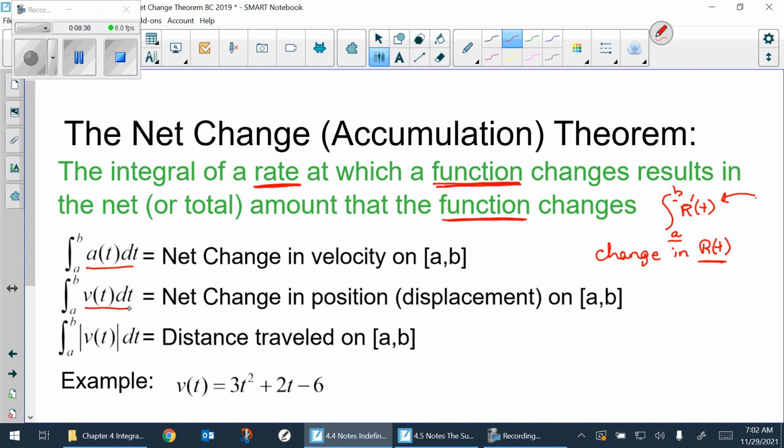So that's going to be a change in position. And if we want distance, and we'll practice this with calculators, if we want a distance traveled, we just have to make sure that all of these changes in position turn out to be positive. To do that, we take the integral of the absolute value of velocity.